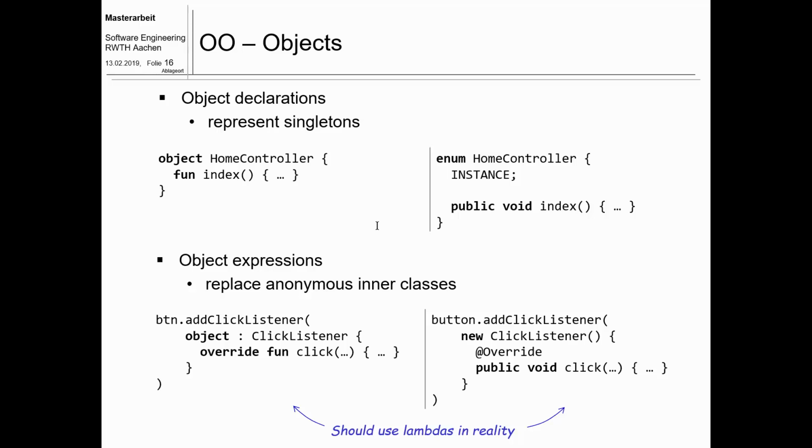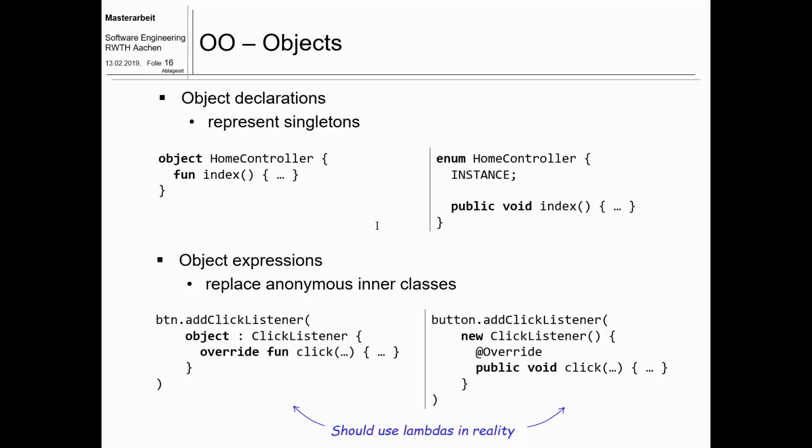Singleton is a class of which you just want to have one instance at runtime, and that is basically just an object. So the main advantage here of the Kotlin code compared to Java is that the object keyword represents the intention really well. You just want to have an object of this thing at runtime. The second way you can use the object keyword is in expressions. So these are basically Kotlin's way to replace anonymous inner classes in Java.